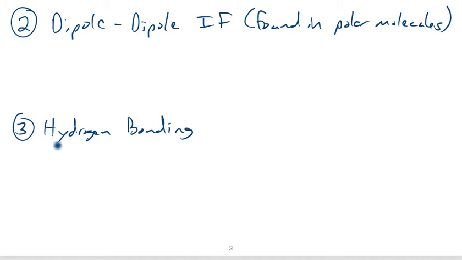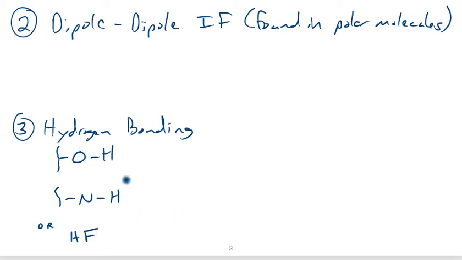Now the reason why I say this one is easier to describe is because you're looking for an oxygen-hydrogen bond or a nitrogen-hydrogen bond in a molecule, or hydrogen bonding also occurs in hydrofluoric acid, or hydrogen fluoride.